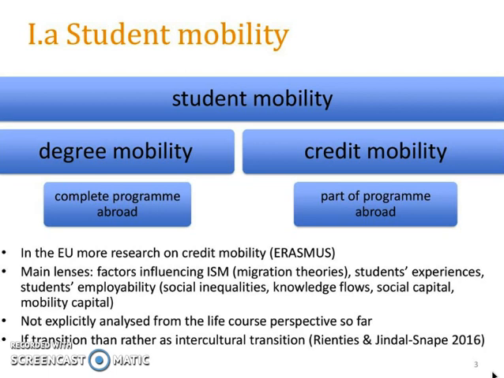The next thing is that it is not explicitly analyzed from the life course perspective so far. And the last is whether transition is then rather seen as international transition. You can find it in the book of Reintjes and Jindal-Snape, which was written in 2016.